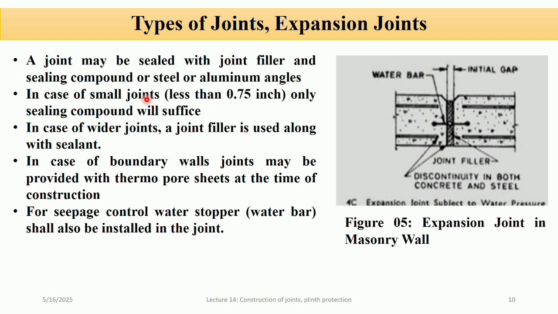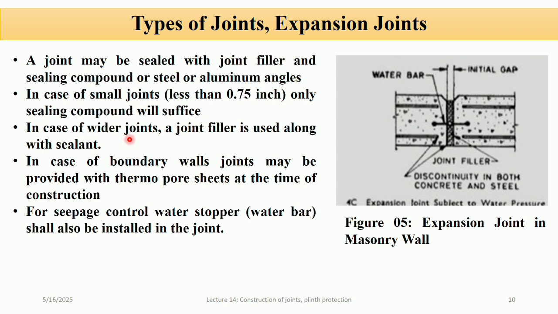These compounds are flexible and can stretch or compress as the joints move, and it is ideal for non-structural smaller joints where minimal movement is expected. Small joints are less than 0.75 inch.